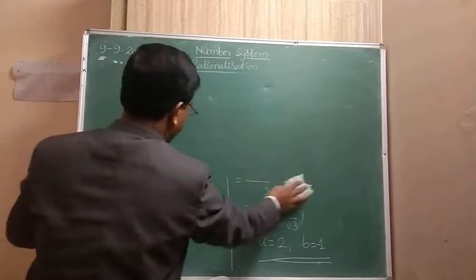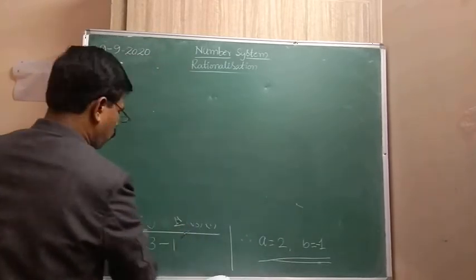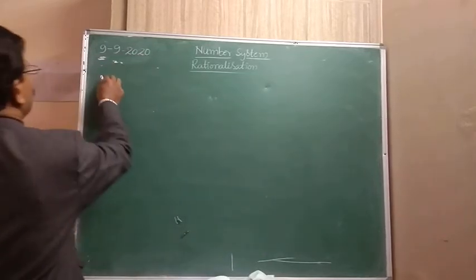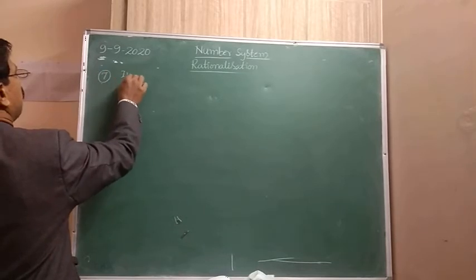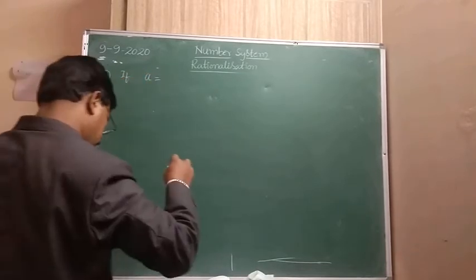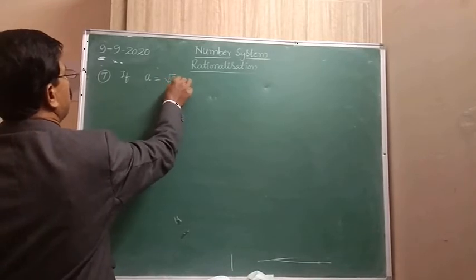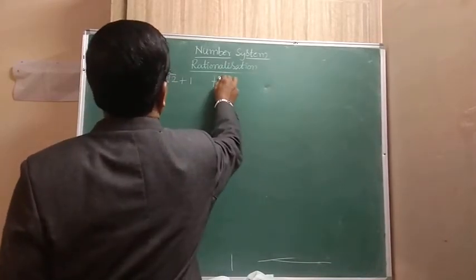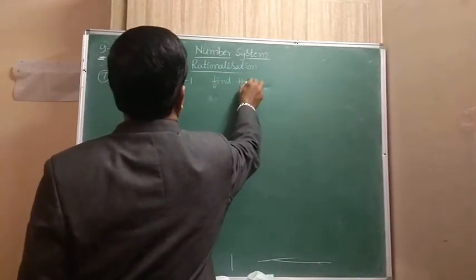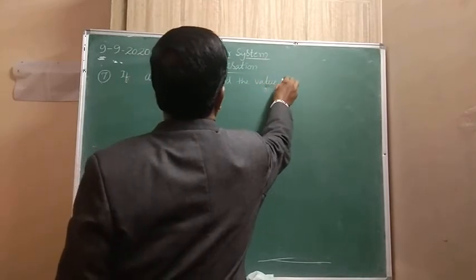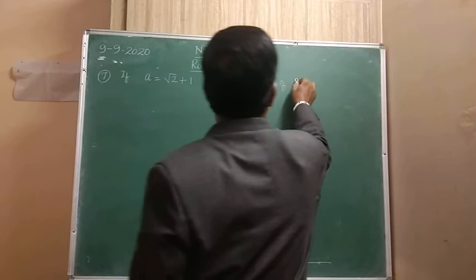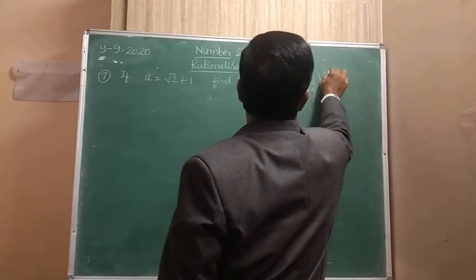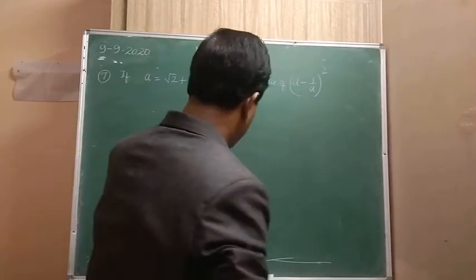Now, the fifth problem, there is one more of the same type. If A equals root 2 plus 1, find the value of (A minus 1 by A) whole square.